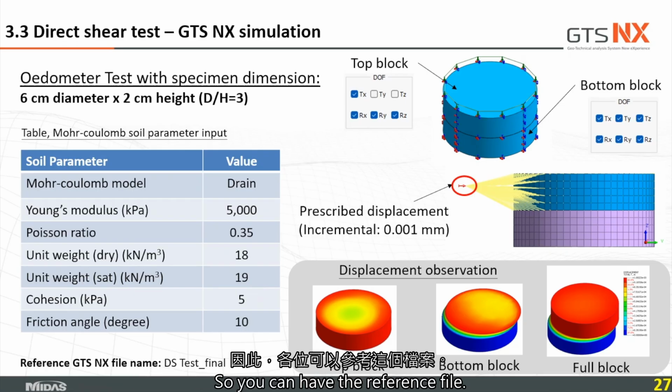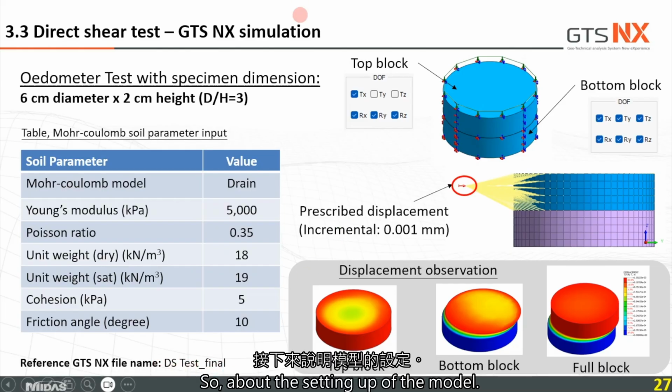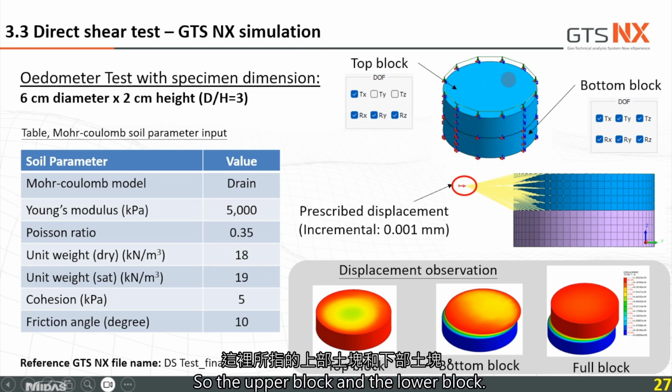You can have the reference file, here is the DS test file. About the setting up of the model, we divided it into 2 blocks, the upper block and the lower block, which we call the top block and the bottom block.